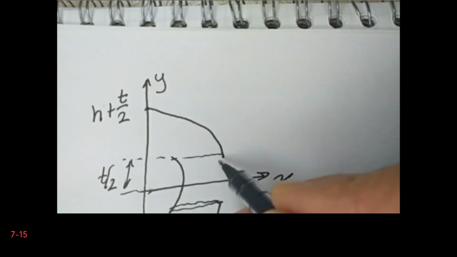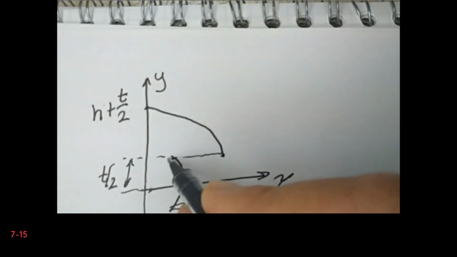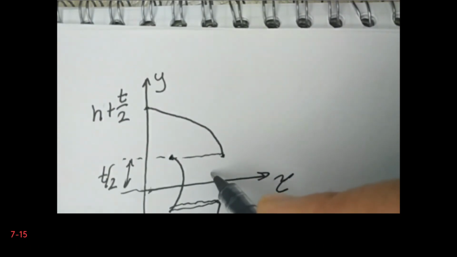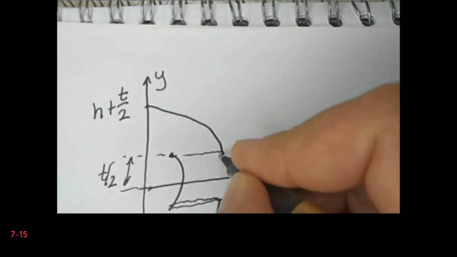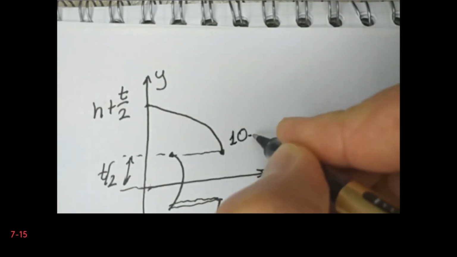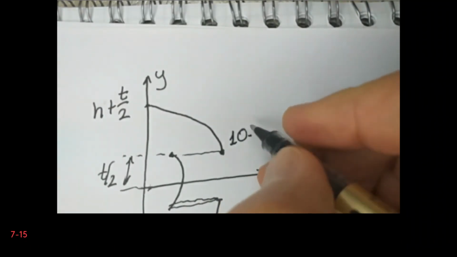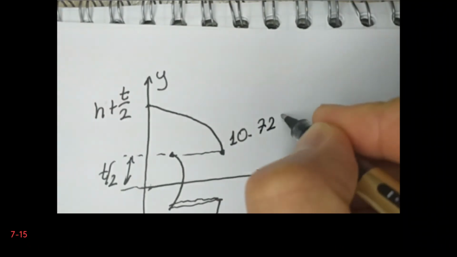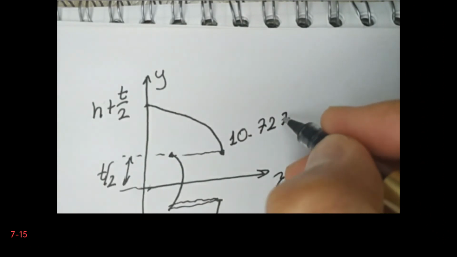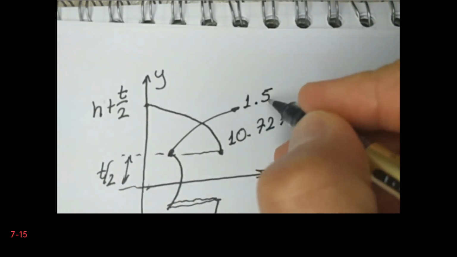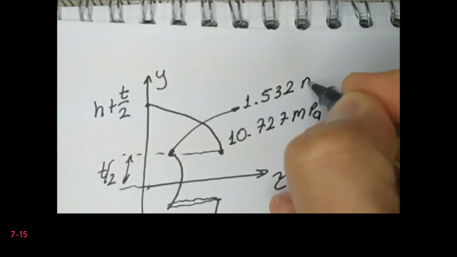So if you put the values here, this value is 10.727 megapascals. In fact, it is 0 here, and the value here is 1.532 megapascals.